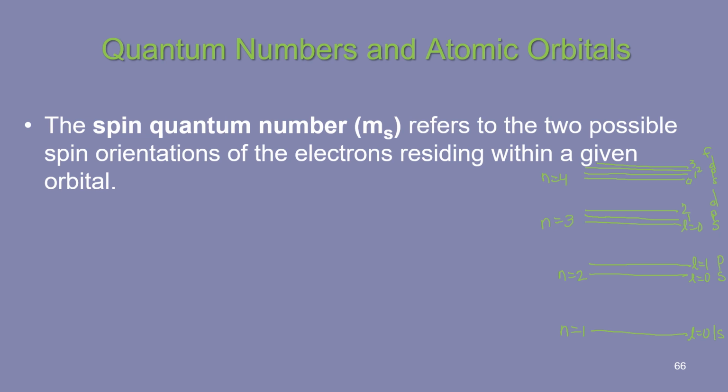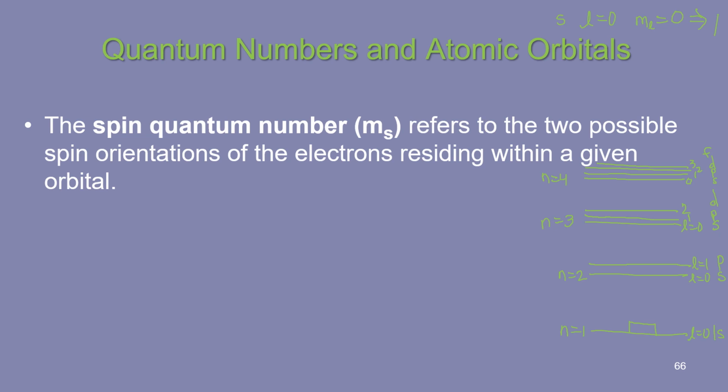And remember I said that anytime we had an S subshell, since L equals 0, then M sub L could only equal 0, which means there's only one orbital. So I'm going to draw orbitals like this on that subshell. There's one orbital, and I'm going to represent that with a little box. The same thing's going to be true here.